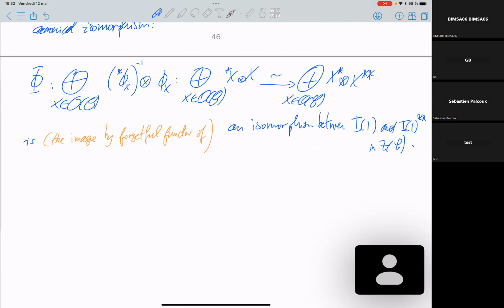Sketch of the proof. I don't prove it in detail, I just provide a sketch.